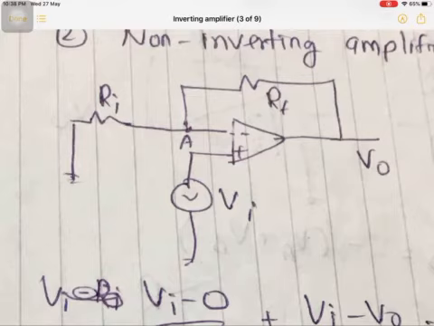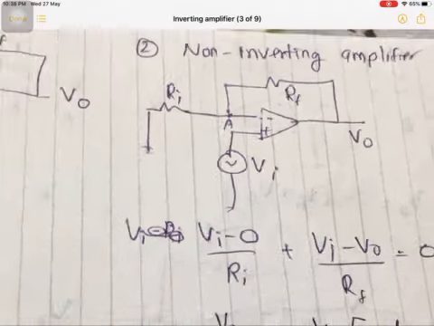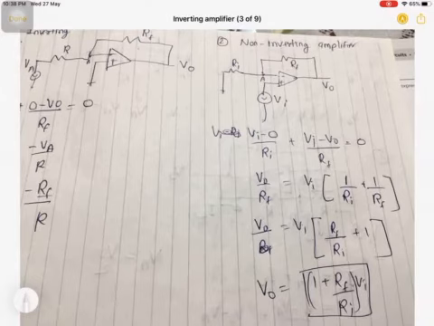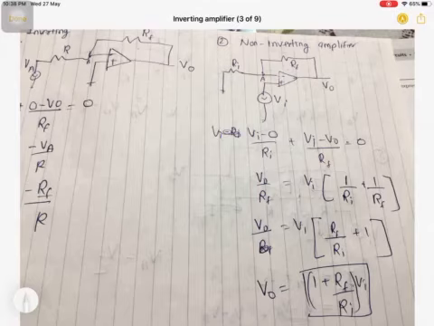So we apply the virtual short concept and assume that the potential at the non-inverting terminal and inverting terminal are the same. Applying KCL at point A: (Vi minus 0) by Ri plus (Vi minus Vo) by Rf equals 0. We take the ratio and it comes out to be Vo equals (1 plus Rf by Ri) times Vi.